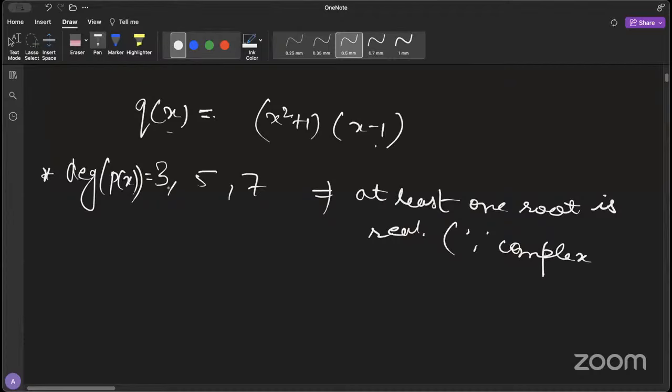So if the degree is 3, then all 3 roots cannot be complex, right?